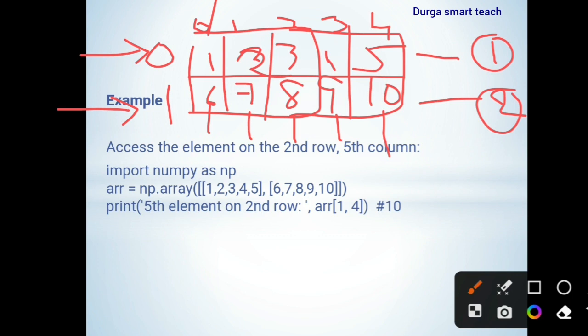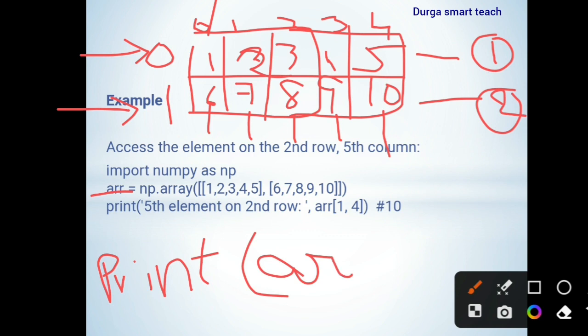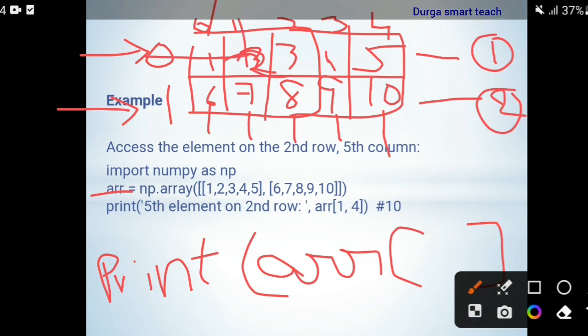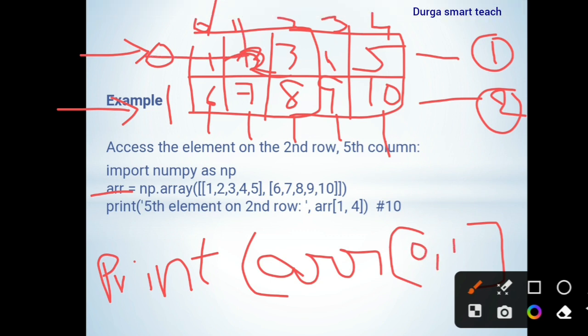If you want to access any particular element, suppose I want to access 2, then you can use print. The array name is arr. Here 2 is present at the 0th row and first column, right? So 0 comma 1. The element 9 is in the first row, third column.